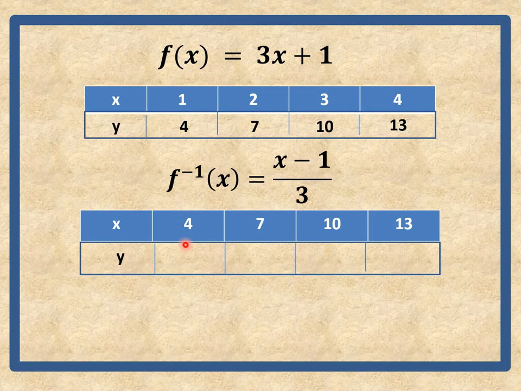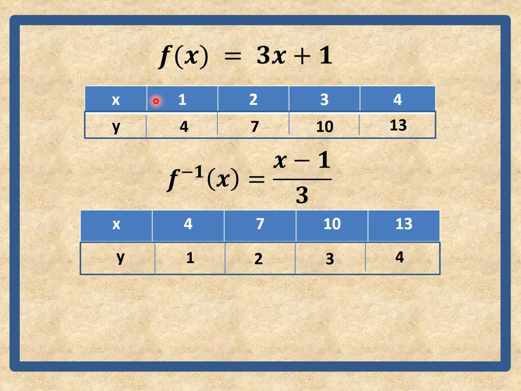Okay, let's check if it is really true. If x is 4, substituting that into our inverse function, 4 minus 1 all over 3 is 1. 7 minus 1 is equal to 6 divided by 3 is equal to 2. 10 minus 1 is 9 divided by 3 is 3. And 13 minus 1 is 12 divided by 3 is equal to 4.